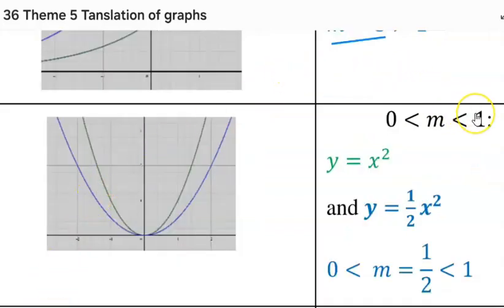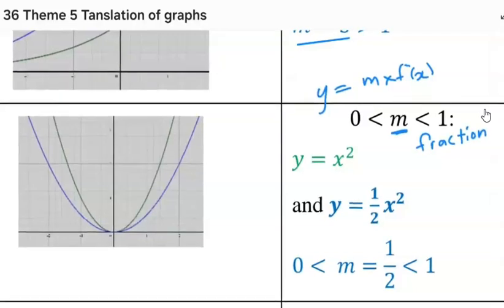And I've discussed it extensively in the corresponding videos for the exponential functions. We are still dealing with y equal to m times f of x, but in this case my m value is now a fraction, because the value is in between 0 and 1. It is a positive fraction, but it's in between 0 and 1.